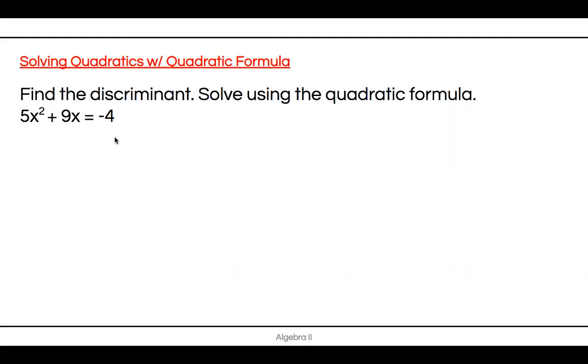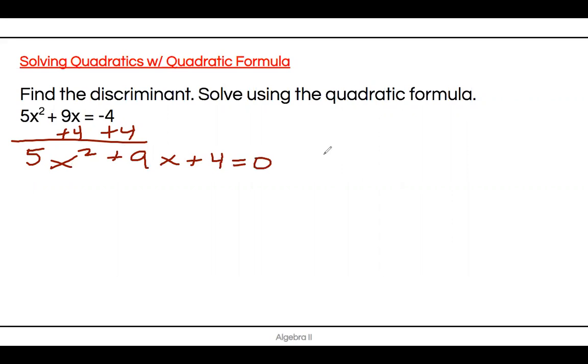So we're going to add 4 to both sides. So we're going to end up with 5x squared, not 5 squared, 5x squared plus 9x plus 4 equals 0. Okay, so a is equal to 5, b is equal to 9, c is equal to 4. So we're going to find first the discriminant. So that's b squared minus 4ac.